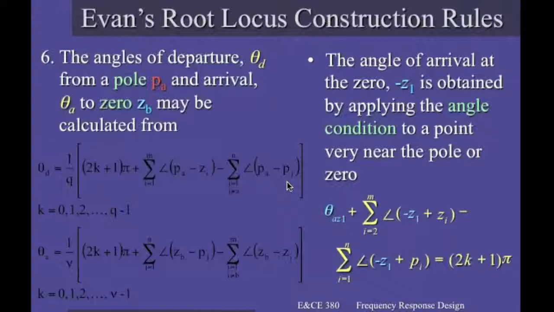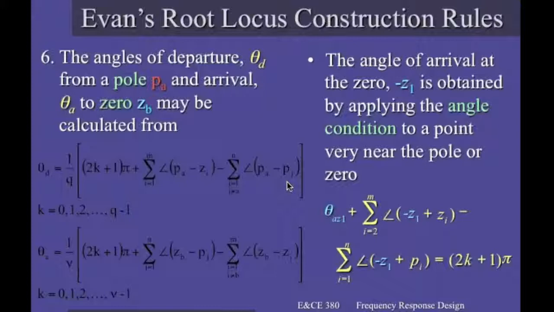P sub A is one of the poles, so when we run the counter J, at a certain point we find the same pole that we are using. So there is one pole for which J equals A.